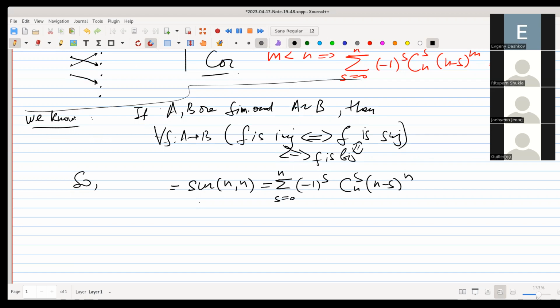And on the other hand, it equals the number of injections from n to n. And we know this number, the same as the number of bijections. What is it? N factorial over n minus n factorial. So it is the number of permutations, arrangements of length n. So it is n factorial. Do you agree?